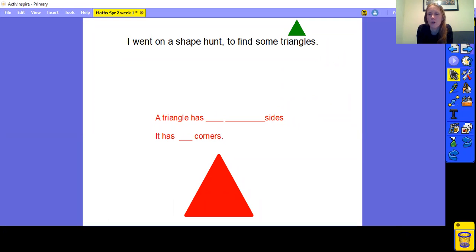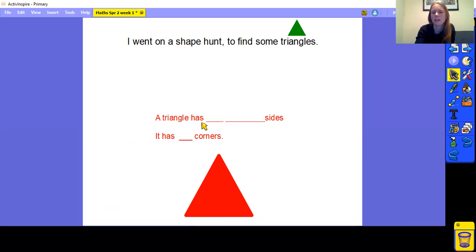So we want to know how many sides a triangle has and what kind of sides they are. Are they curved, like the circle? No. Let's have a look at them. We have 1, 2, 3 sides, and all of the sides are straight.